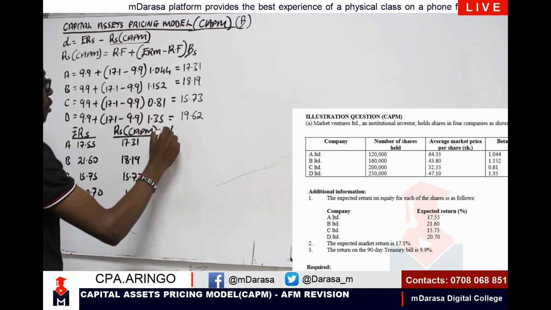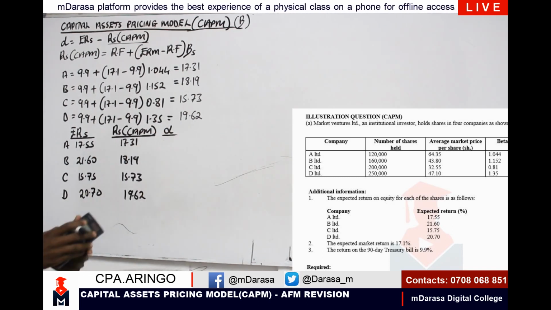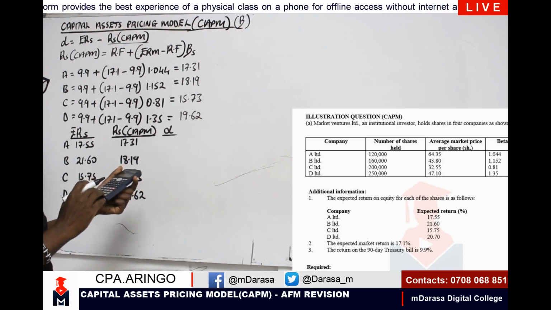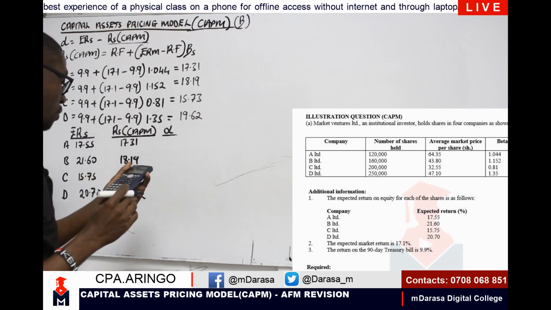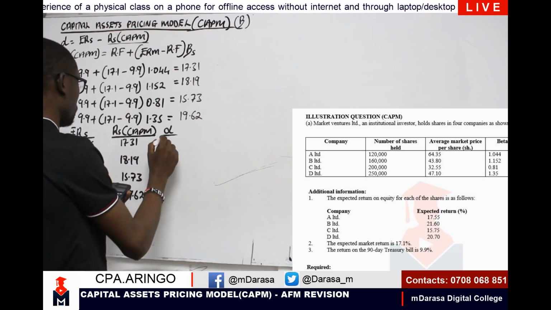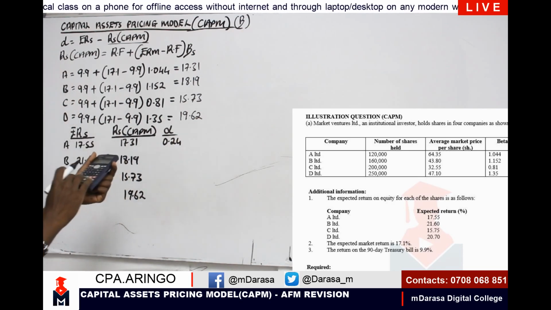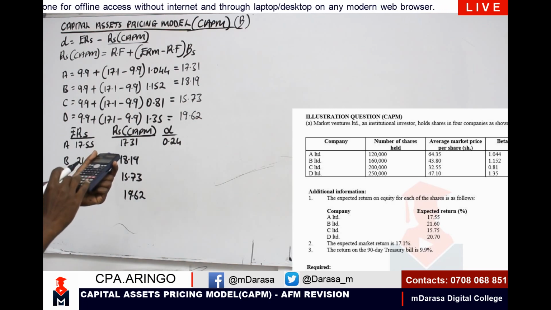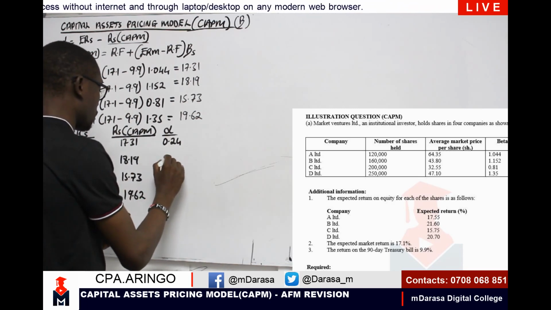So what would be our alpha values? 17.55 minus 17.31 gives us 0.24. 21.60 minus 18.19 gives us 3.41.